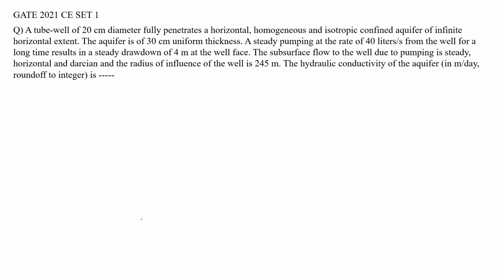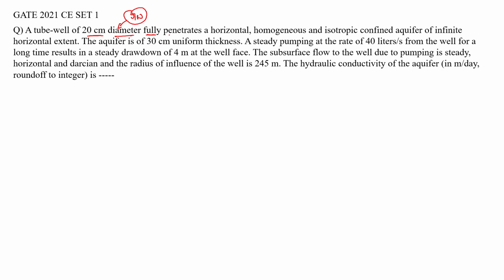Okay, let's solve a really good question which came in GATE 2021 Set 1. Read this question together with me. A tube well of 20 centimeter diameter. Here the diameter is given, so we need to convert it into the radius of the well.